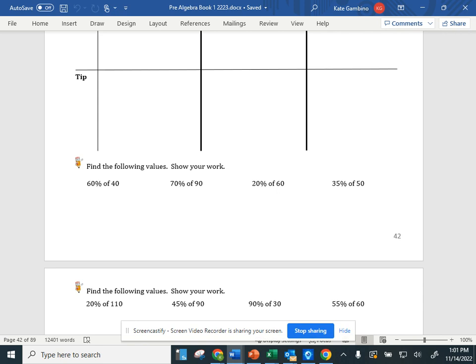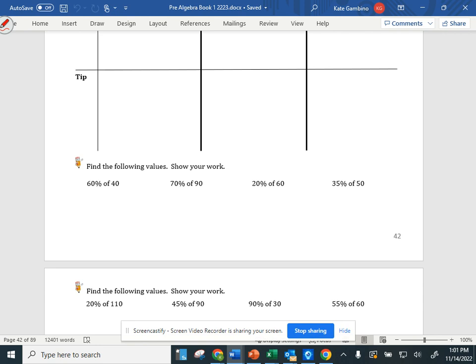Okay, find the following values. Show your work. So no gold stars for that mental math. Does it say we have to do it all 3 ways? No, pick one way. It doesn't have to be the same way each time. You could do it with fractions, you could do it with percentages, you could do it with multiplication. So 60% of 40. How could I solve that?